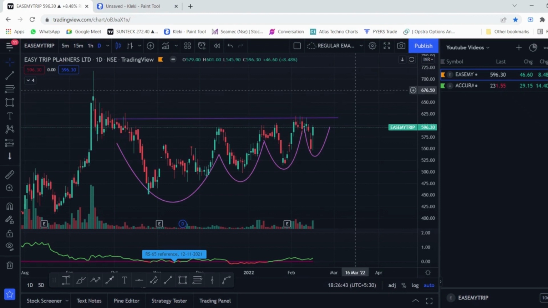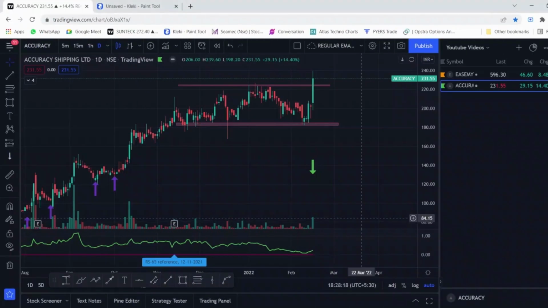Your first target should be at around 680 rupees, that is the previous high, and then 720 rupees, that was the previous latest high, right? This is a classical VCP structure with a stop loss of 547. So the risk to reward is okay.